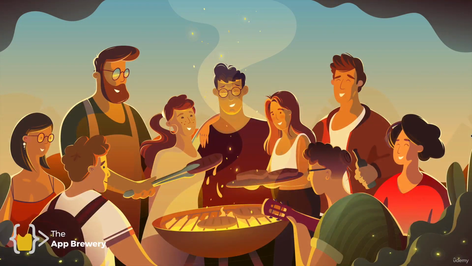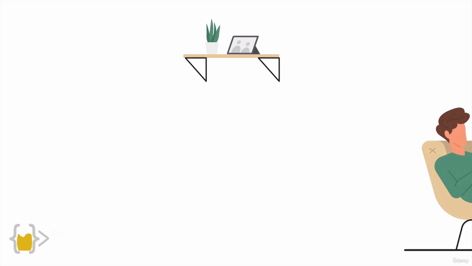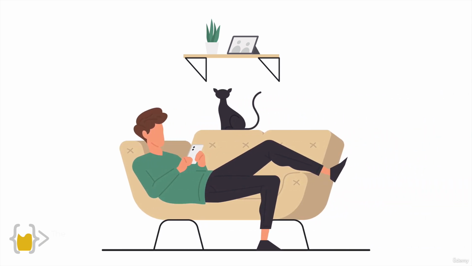So there's a bit of a backstory about how this project came about. A few weeks ago, I was at a barbecue and some friends started talking about how frustrated they were with online dating. One of my friends, let's call him Jason, says that he spends about 2 hours a day swiping and chatting on Tinder.